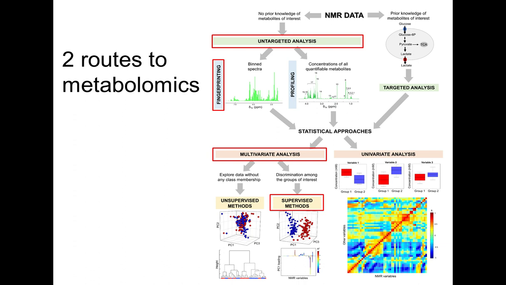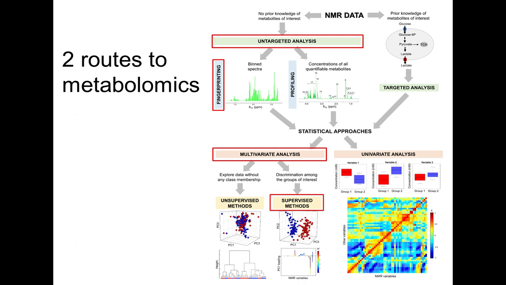You see that there are several ways to do that. I'll concentrate on untargeted analysis. As you know, untargeted analysis can be done by just looking at the spectra and fingerprinting the spectra by binning, or looking at quantifiable metabolites, and this is called profiling.